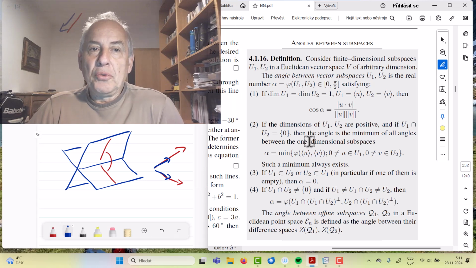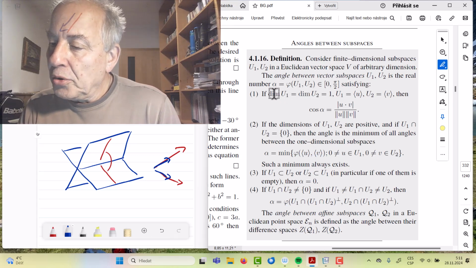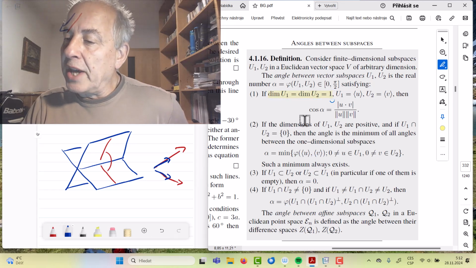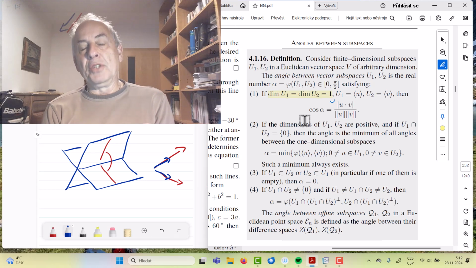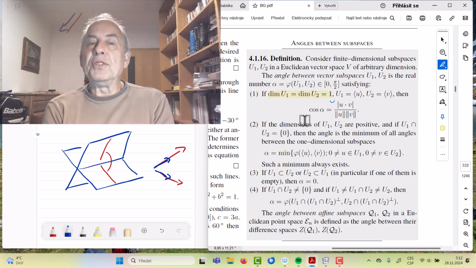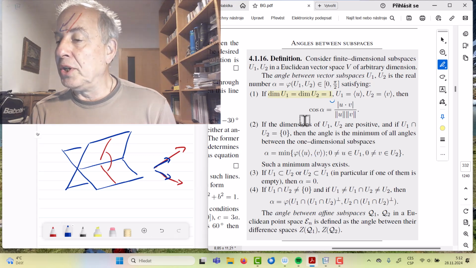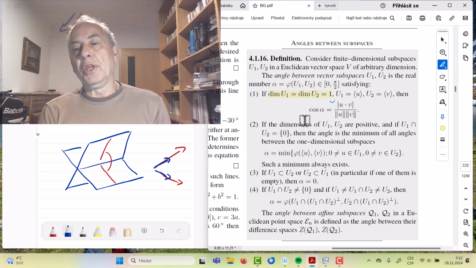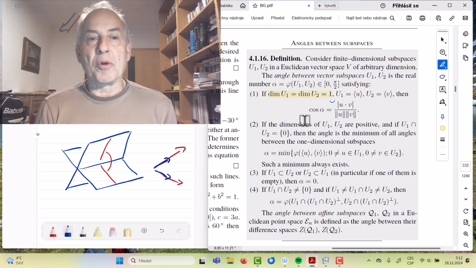So the simplest situation is if we have got 2 one-dimensional subspaces, then starting with the general idea that the angle between 2 subspaces is given by the angle of the 2 different spaces of those subspaces in the Euclidean space, we simply restrict ourselves and work only in the vector spaces, right? So it's Euclidean vector spaces now, and that will be transferred to the case of Euclidean spaces of the affine type, right?